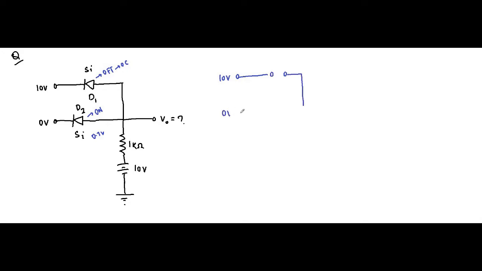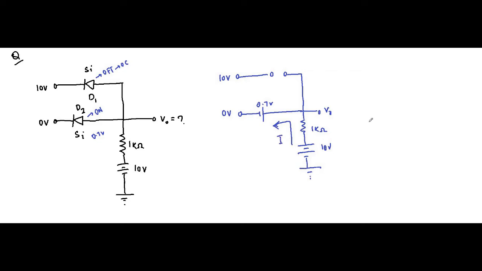Here it is 0 volt, and it will be like this, 0.7 volt. Then we have 10 volt, 1 kilo ohm and this V0.